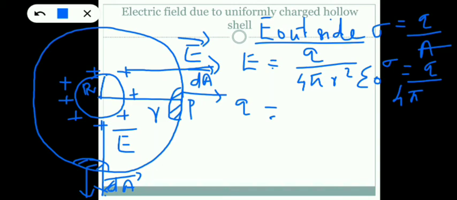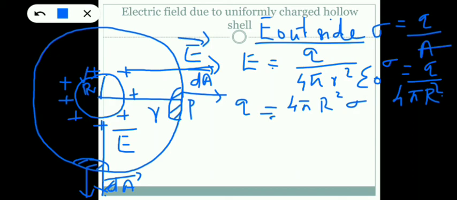Here we are considering the surface charge density of the shell, and the radius of our shell is capital R. So here we need to write 4 pi capital R square. So what is Q then? From this expression, Q is equal to 4 pi R square into sigma. So you need to substitute this expression for Q here.